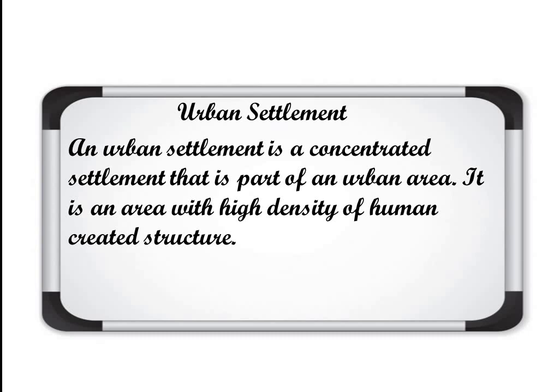So urban settlements are mostly densely populated areas, with human-created structures as well as human resources. That urban settlement is related to the parts of urban areas where people live. This is the urban settlement.